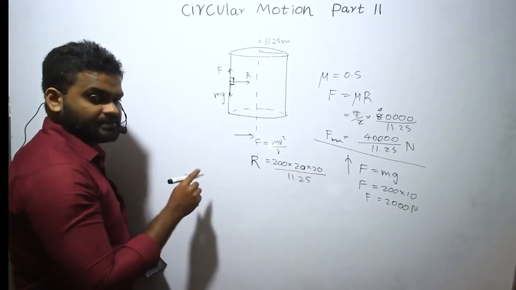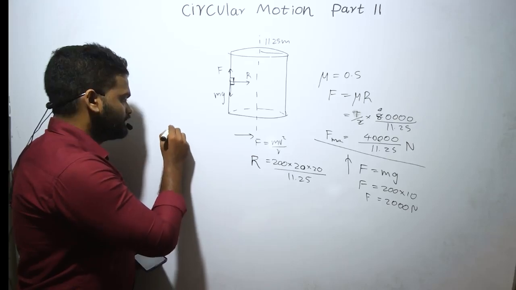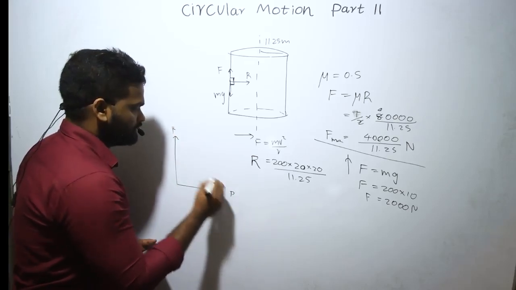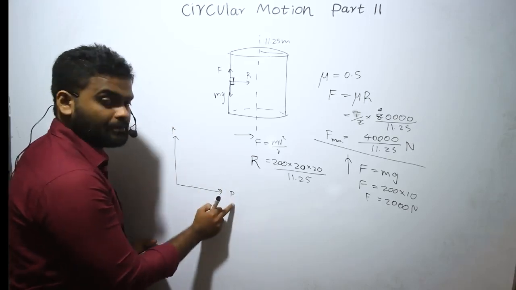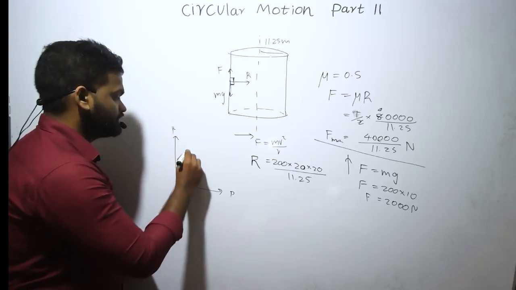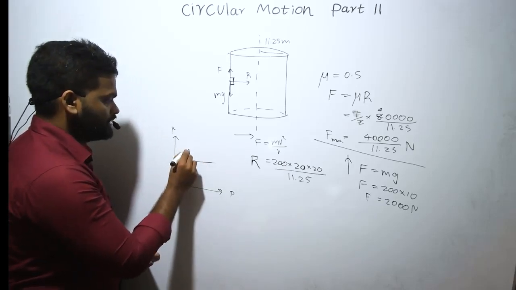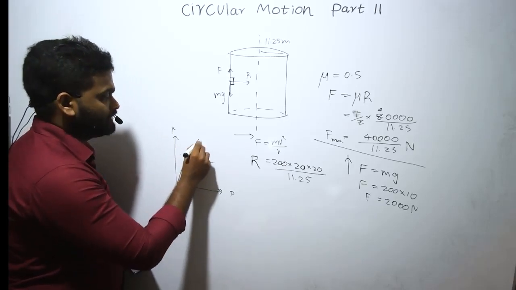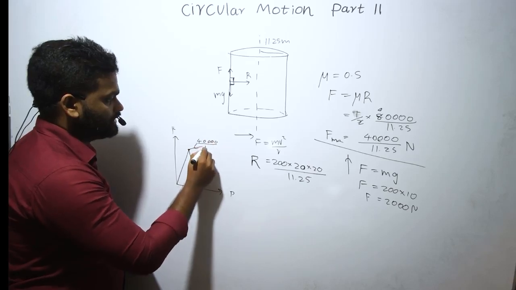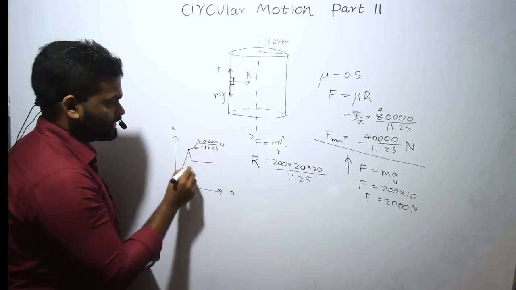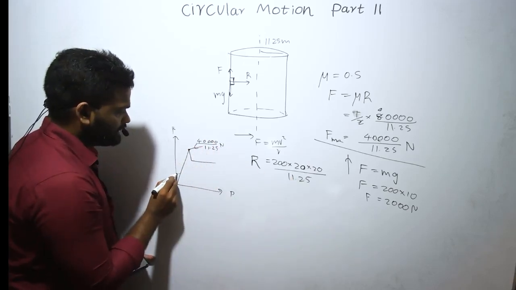So I'll explain this further using the graph, right? Famous graph, F-P, friction and applied force. So the graph goes like this. So at the top, we have that value, 40,000 divided by 11.25 Newton. So that 2000 is somewhere here actually.